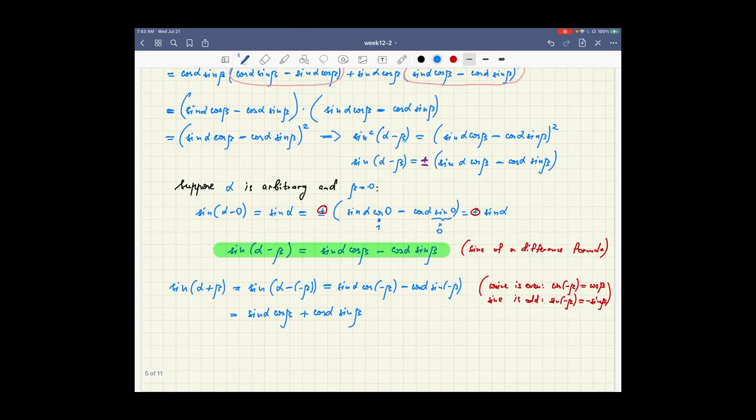And so the sine of a sum formula is sine of alpha plus beta equals sine alpha cosine beta plus cosine alpha sine beta. That is the sine of a sum formula.